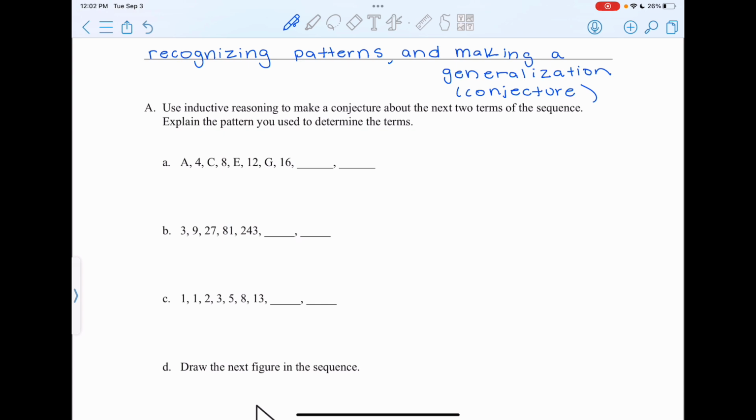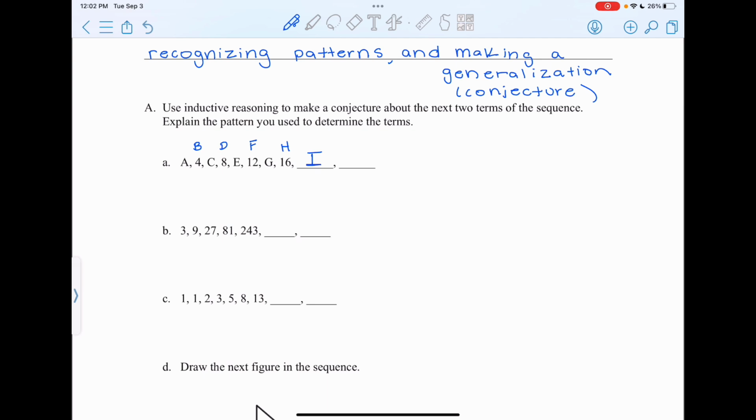So I have A4, C8, E12, and G16. It looks like every other term is a letter, and it looks like I'm skipping letters. So I did A, which should have been B next, C, which should have been D, E, F, G, H. So I know the next term is going to be I, because it's every other letter in the alphabet.